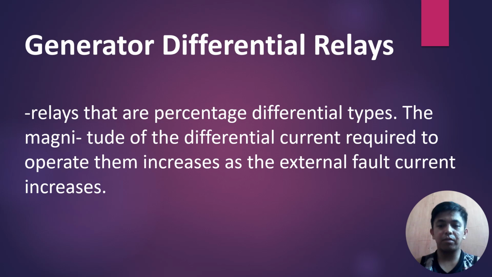They operate based on the principle of percentage differential protection, where the relay compares the incoming and outgoing currents. If there's an imbalance due to a fault, differential current flows through the relay's operating coil, triggering the protection mechanism.